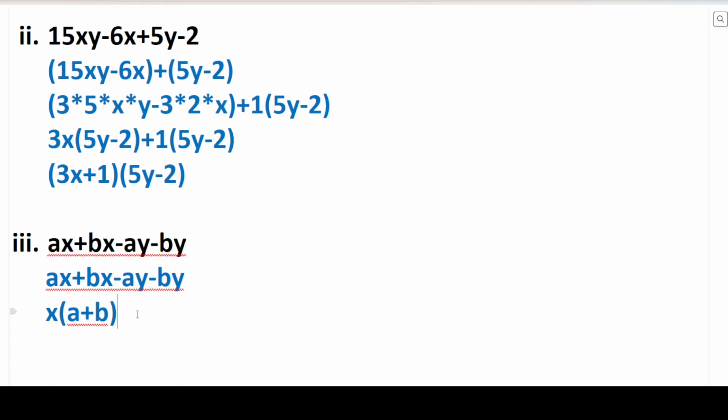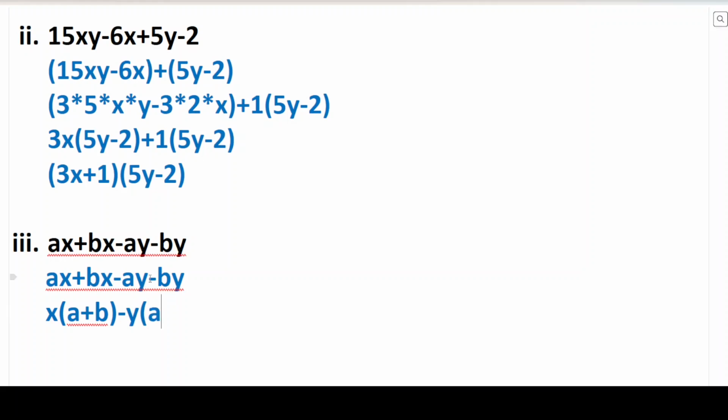So what we had to do, we had to take the minus y out from here. Minus y is the common factor. So what are the terms left after the minus y came out? What is the leftover term? a.